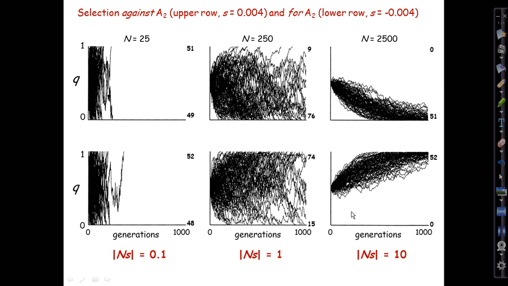And conversely, it's the mirror image for the case where A2 is favored. Half of them have fixed by 1,000 generations, and the other half are going to get there in due course. These are the cases where the product of N times S is in absolute value a number much bigger than 1, and just as Kimura's theory says, yep, in these cases we can predict with great confidence that the favored allele will fix once its allele frequency is reasonably high.